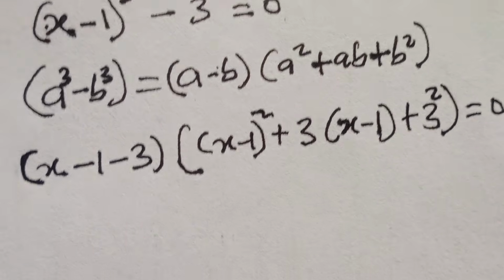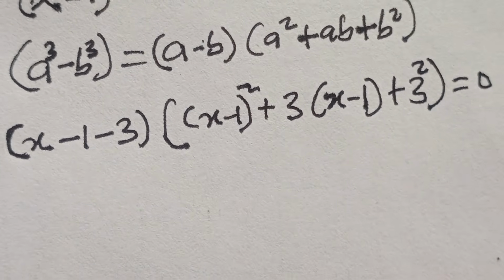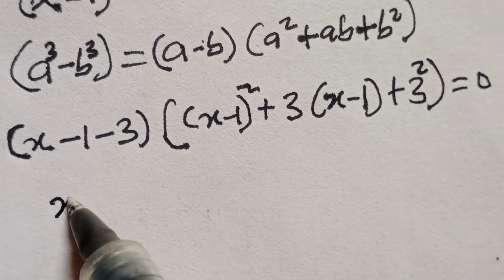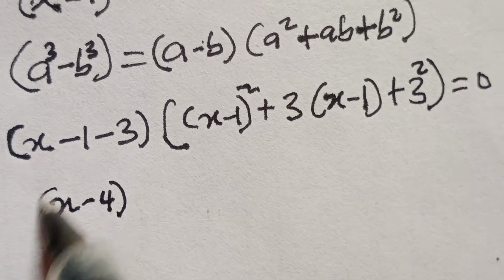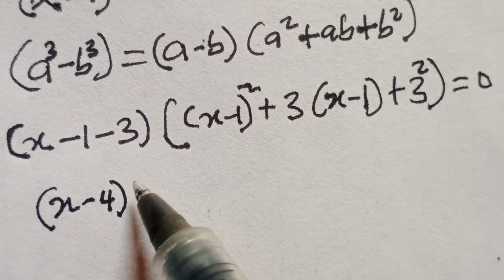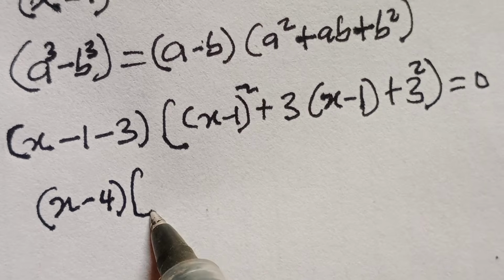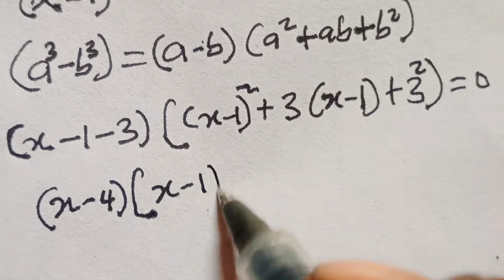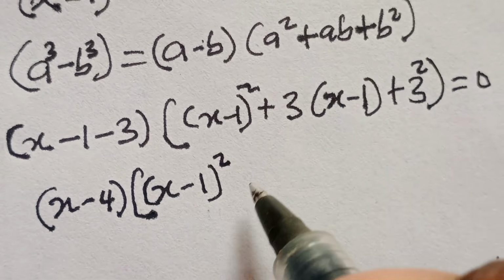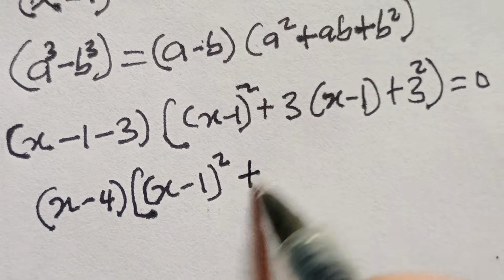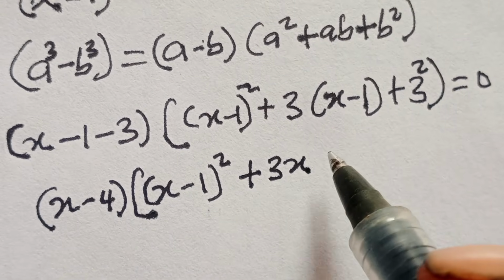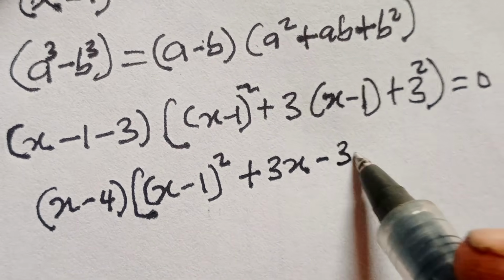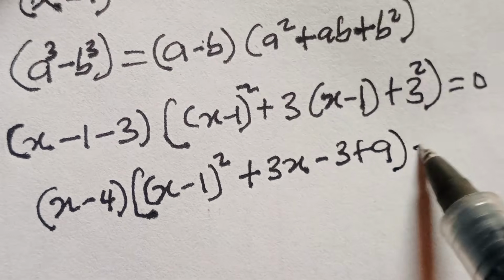Once you understand it up to this stage, the next thing is x minus 4, since minus 1 minus 3 gives minus 4, into bracket x minus 1 everything squared, plus 3x minus 3 plus 9, everything equal to 0.